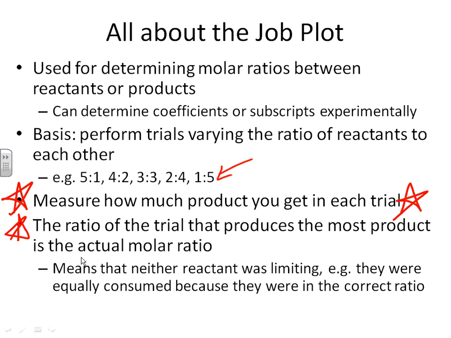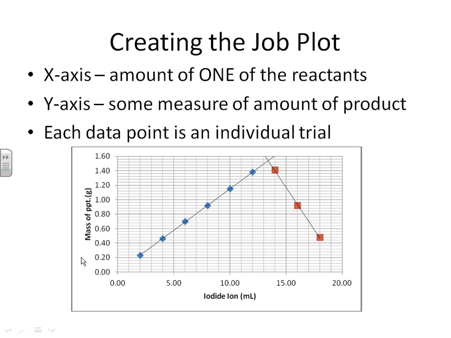You experiment with different ratios of reactants to one another. You measure how much product is produced, and whichever ratio produces the most amount of product, which you might have to interpolate or extrapolate based on the data that's present, that ratio that produces the most product is the actual molar ratio in question for the two reactants.